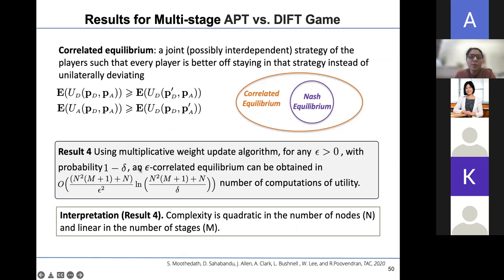And here what we show is that for any epsilon greater than 0, with probability 1 minus delta, you can achieve an epsilon correlated equilibrium with these many computations. So the computation is quadratic in the number of nodes and linear in the number of stages. M here is the number of stages of the attack, and N here is the number of nodes in your initial IFG, the pruned IFG.